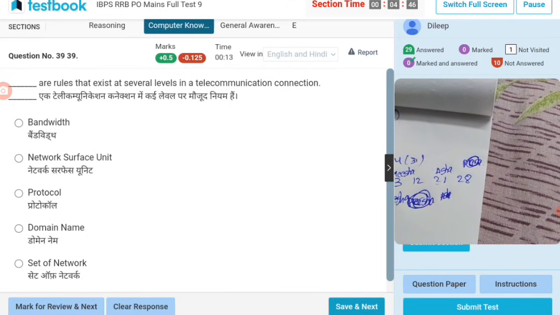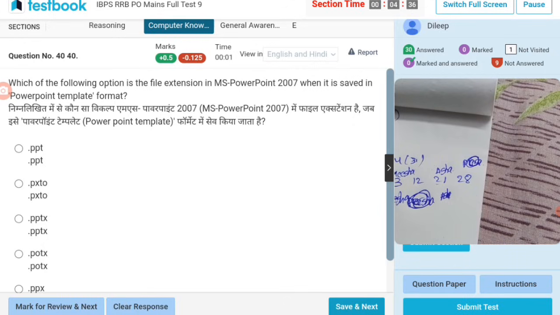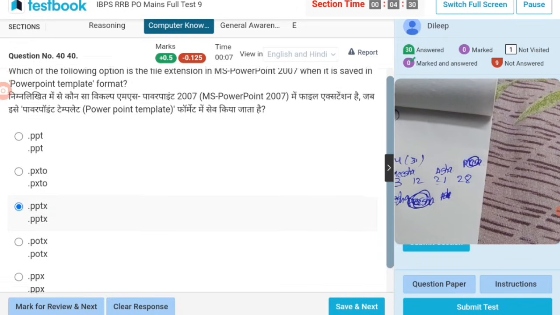Dash are rules that exist at several levels in a telecommunication connection. Protocols, I think. Which of the following option is a file extension of MS PowerPoint? PPTX or PPT?